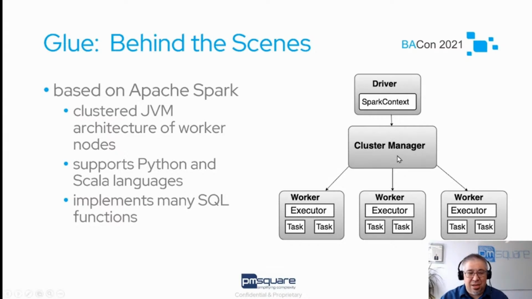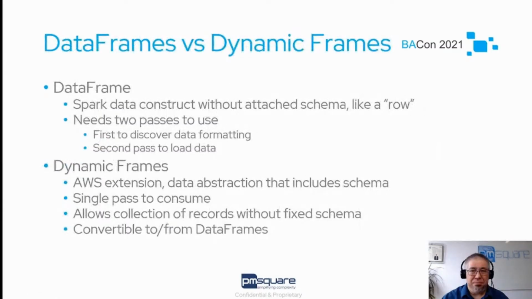That data and results are passed back to the Spark driver and then to the requester. The main data structure of Spark is the data frame, a collection of data without any data type information. This is similar to a database row, which is described by a separate table or DDL definition.